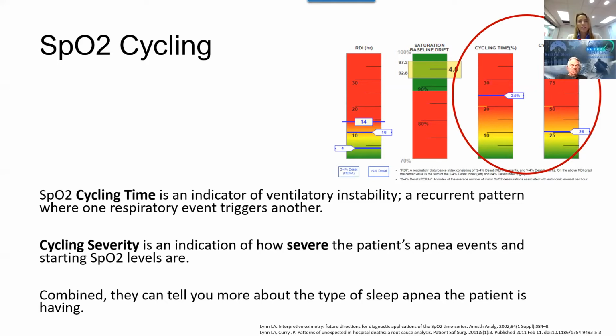Cycling severity is an indication of how severe the patient's apneas are, and where they're starting off in terms of their oxygenation in the first place. So combined, they can tell you a little bit more about the type of sleep apnea the patient is having, and we'll discuss why that's important to you as maybe a dentist or a clinician in determining the best course of treatment moving forward.